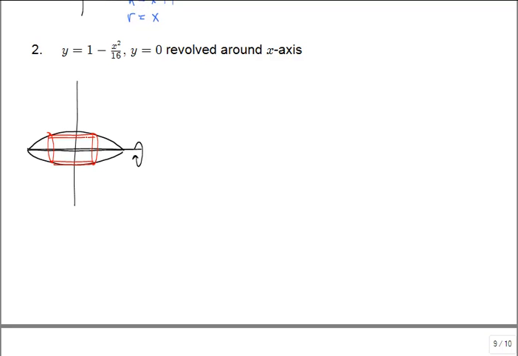So because this is horizontal, with shells I would use volume equals 2 pi r h, and these would be dy's because this is going horizontal. So I would need to know these 2 points to get this horizontal distance going across, which is my height h, I need to realize that they share the same y coordinate.